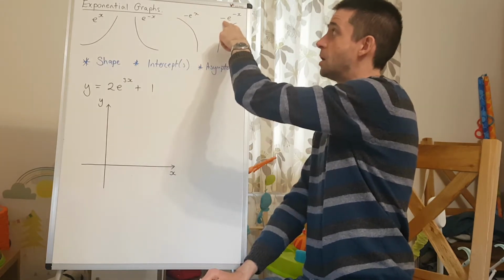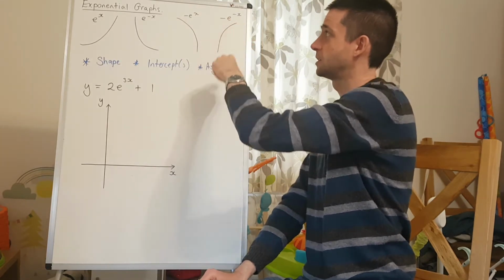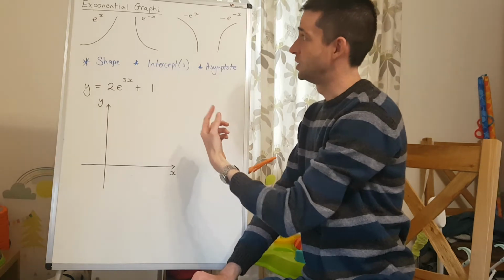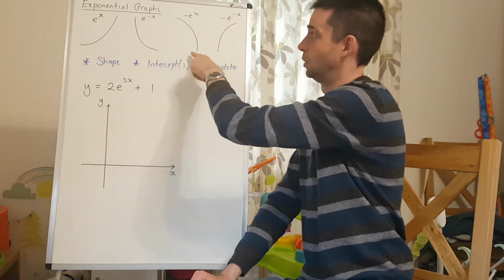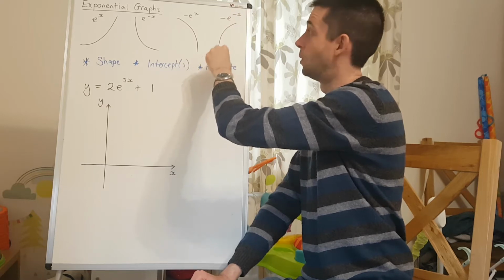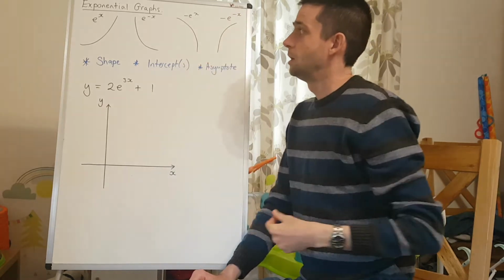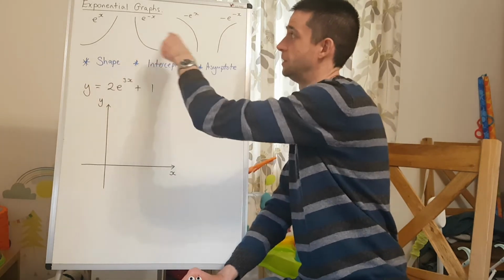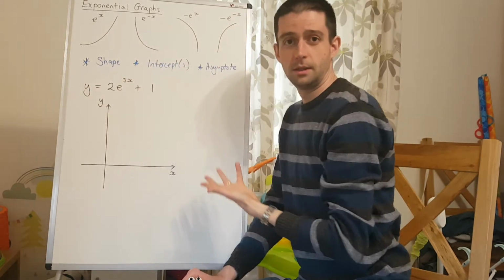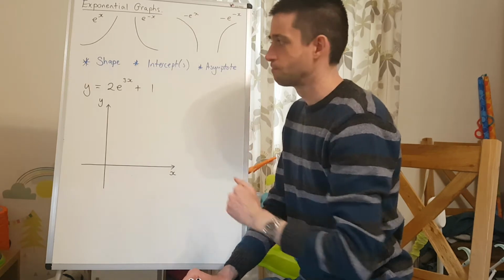And then minus e to the negative x, 2 ways of thinking about this one. It's a reflection of this one in the x-axis, or it's a reflection of this one in the y-axis. It's going to look like that. So when we're sketching these curves, that's the first thing we need to consider, which one of these 4 is it going to be in terms of its shape.